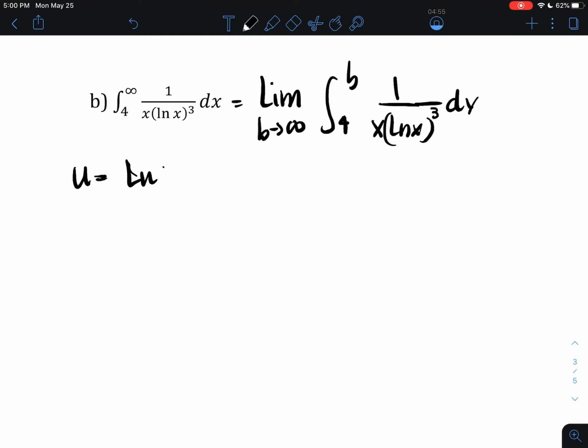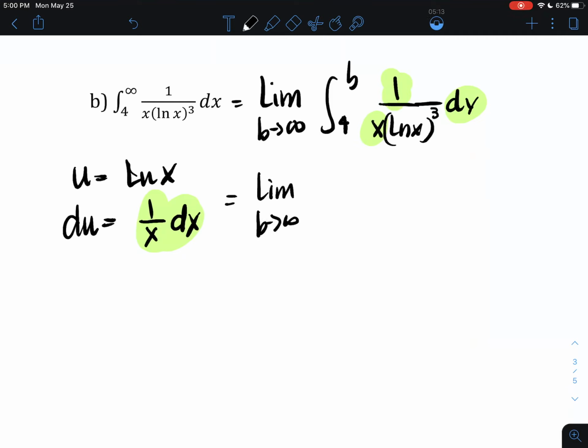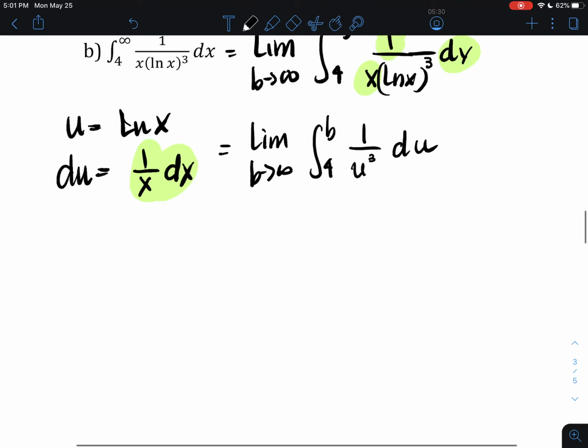So u will become natural log of x, which means du becomes 1 over x dx, which is perfect because that is here. So I get the limit as b approaches infinity from 4 to b, and this really just becomes 1 over u cubed du once I do the substitution.